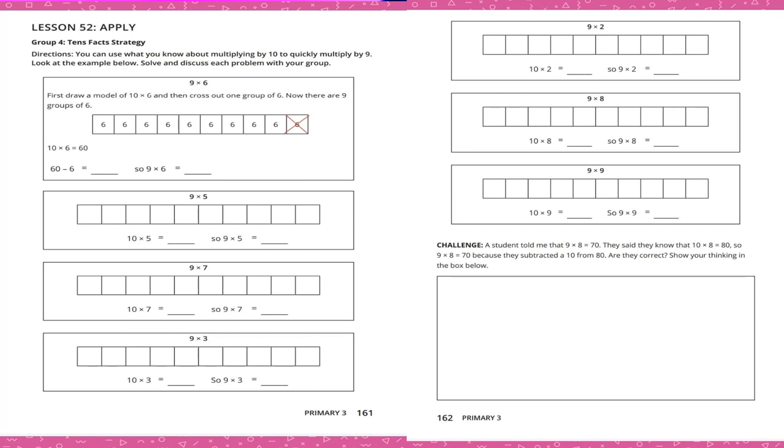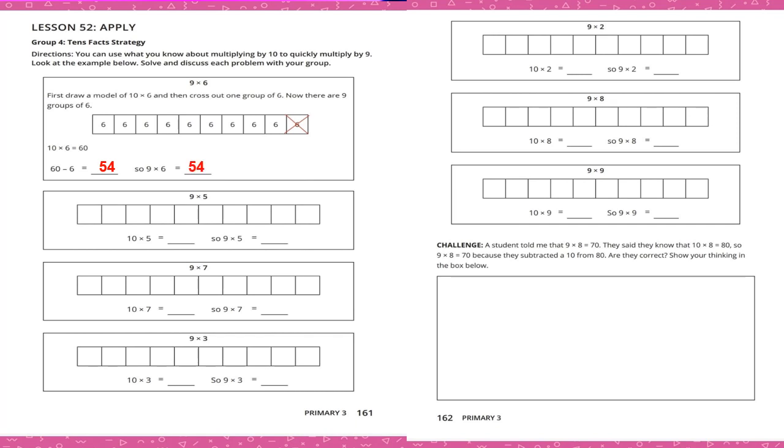Okay, 10 times 6 equals 60. So, cancel one group of 6. It means 60 minus 6. 60, take away 6. Okay, so 60 minus 6 equals 54. So, 9 times 6 equals 54.